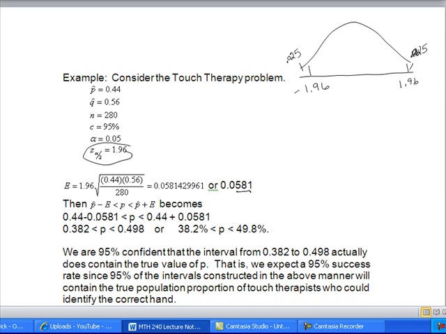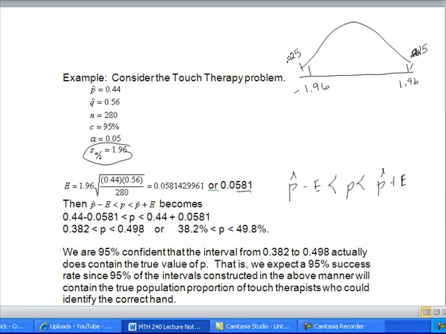So there's our confidence interval estimate. And so notice the point estimate we used, 0.44 or 44%, is in this interval that we have created.